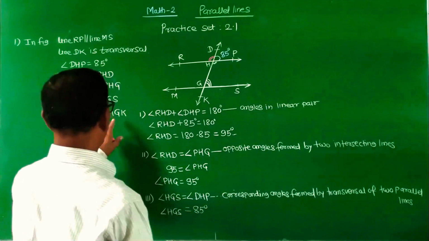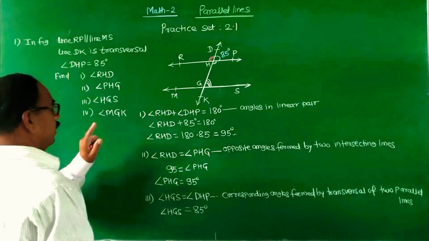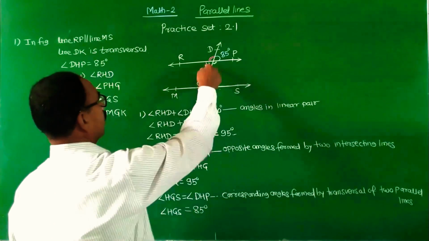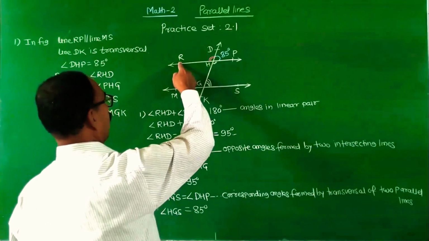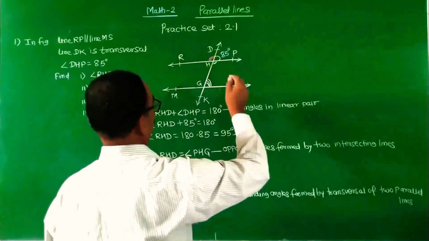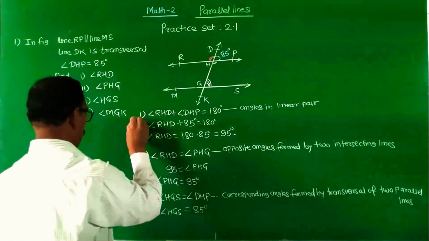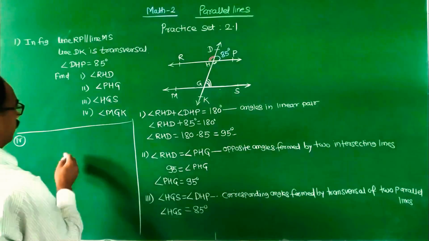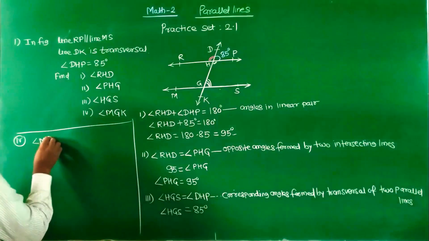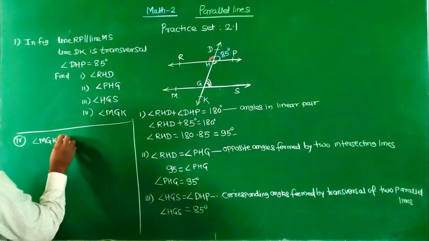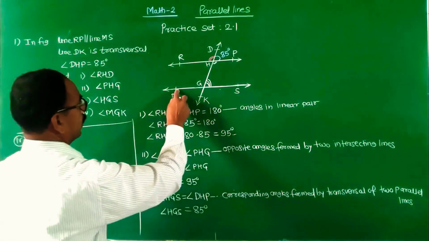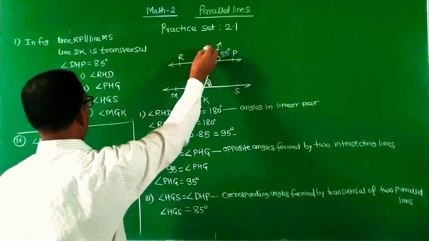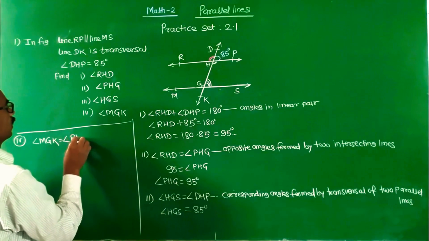Then last we have to find out MGK. So angle MGK is the corresponding angle of RHD. Number 4. So here we will find number 4. Angle MGK is equal to angle RHD.